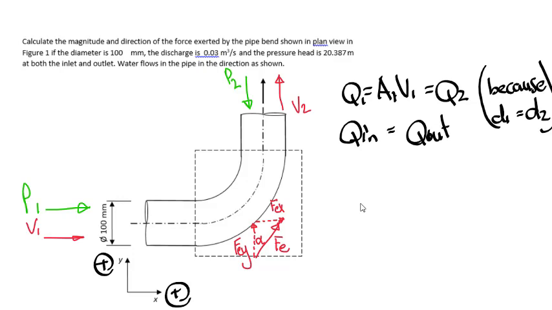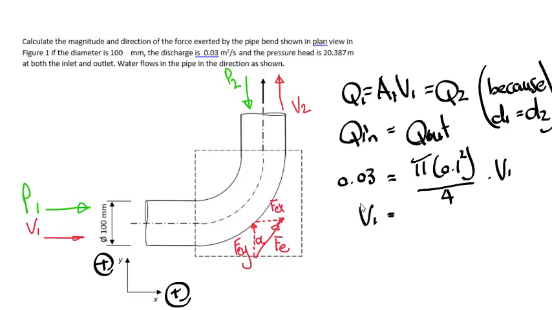Okay, so now we can do this. So we know the discharge is 0.03, and we know that the area, that's something that we'll have to calculate. So it's going to be pi d squared, which will be 0.1 squared divided by 4, times our velocity 1. So if we calculate this, we will end up with a value that we have to quickly calculate.